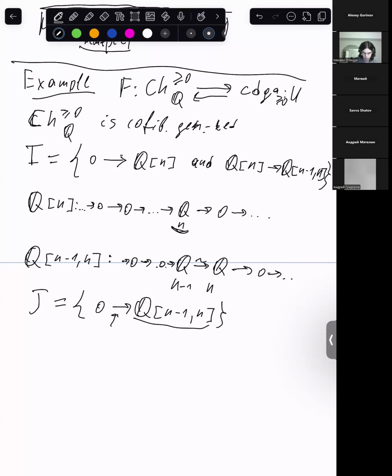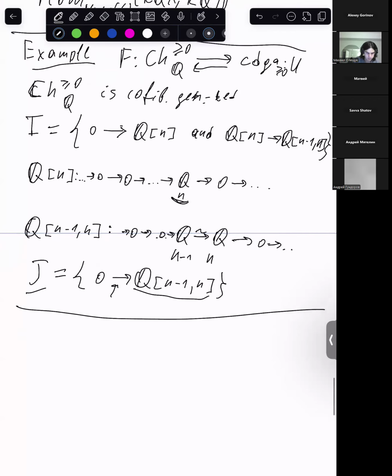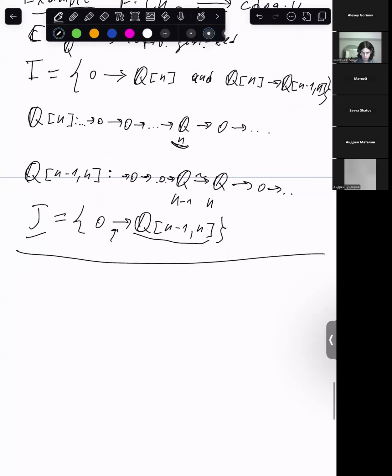So this is the sets of generators. One can check that the classes of cofibrations and acyclic cofibrations are RLP of LLP of RLP of this one.